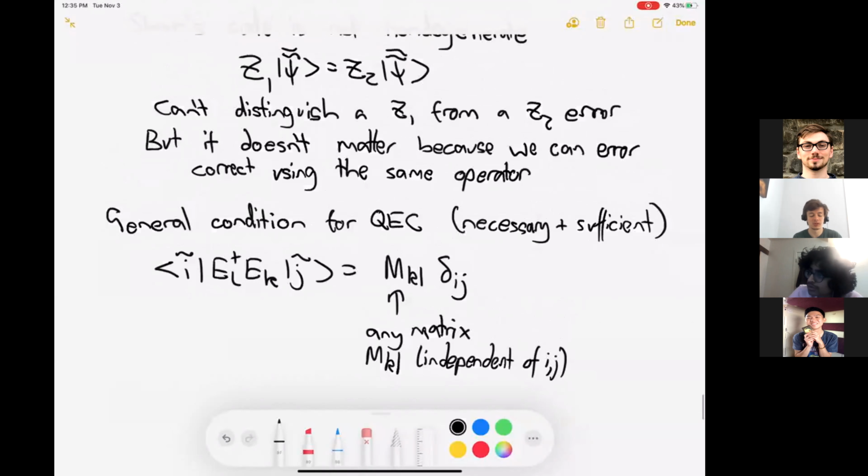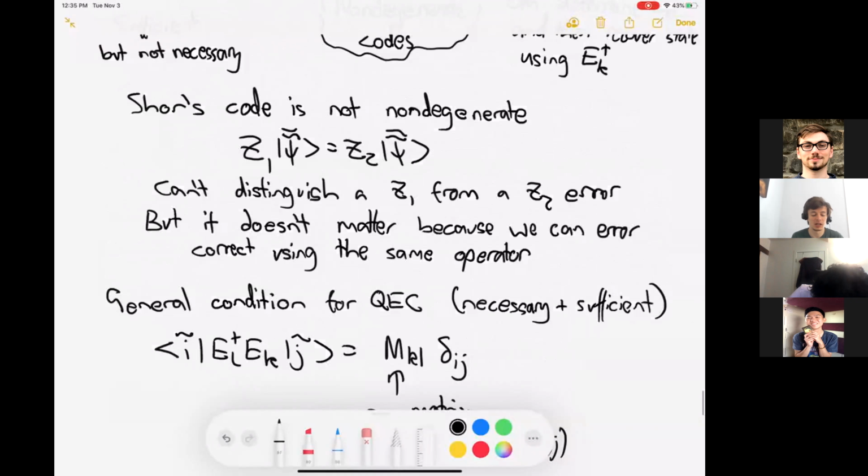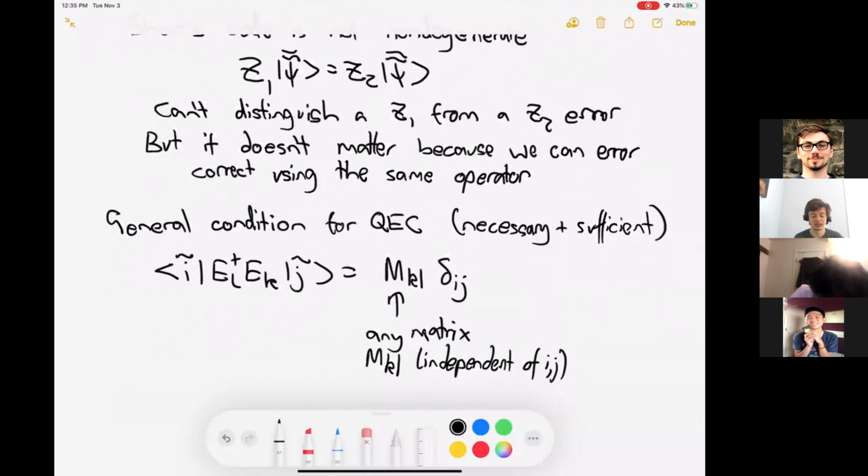For example, for the Shor code, if EK is Z2 and EL is Z1, then MKL is equal to 1, even though K and L are not equal to one another.